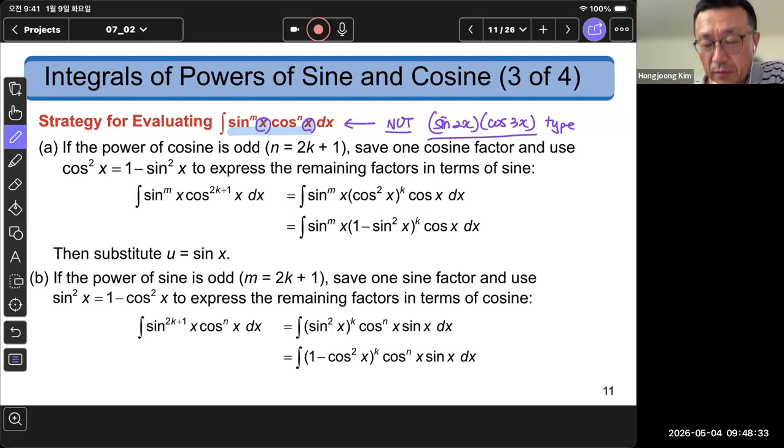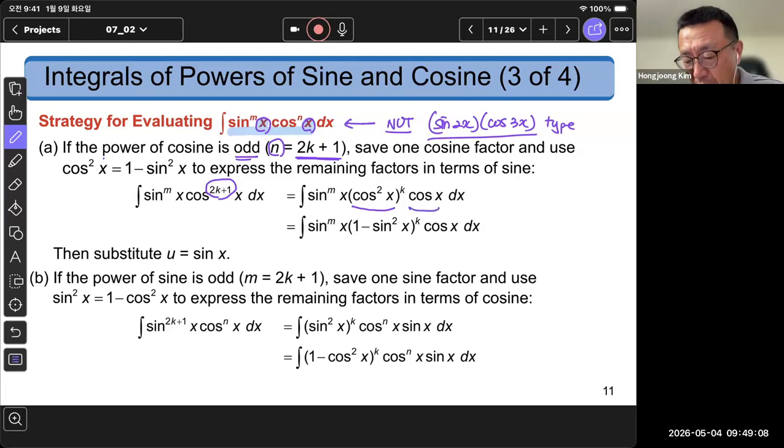If the power of cosine is an odd number, in other words, if n is an odd number, so if n is 2k plus 1, you need to split this cosine as the product of cosine x to the 2kth power and cosine x.